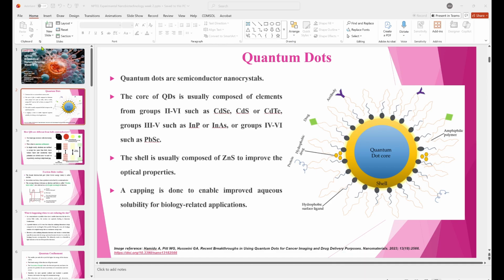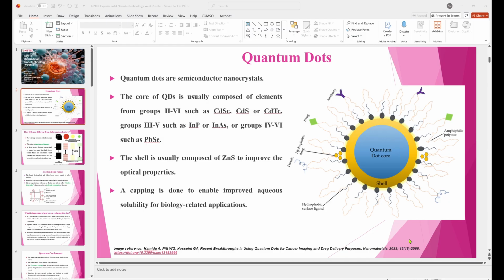And also if you have to surface functionalize it, here in the picture you can see that you can surface functionalize the quantum dot with some hydrophobic drug, protein, some drug which is hydrophilic, then antibody, so that it can be specifically targeted to a cell.